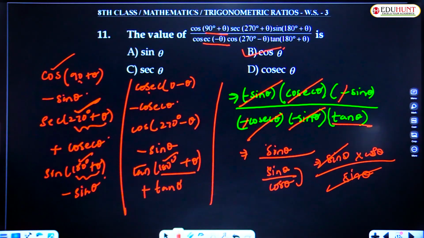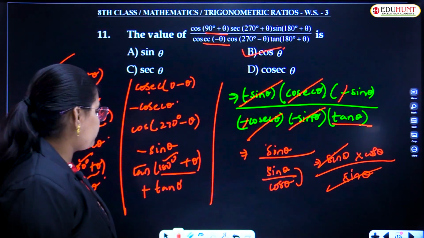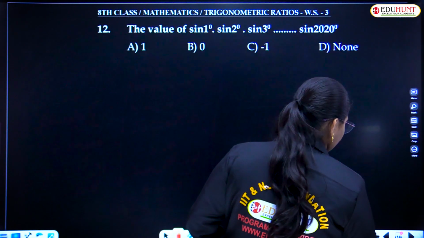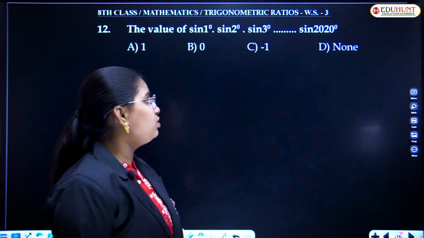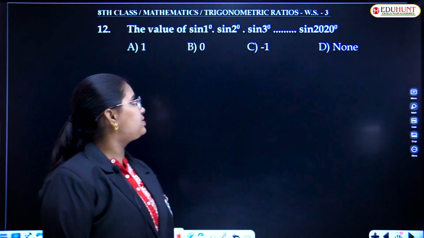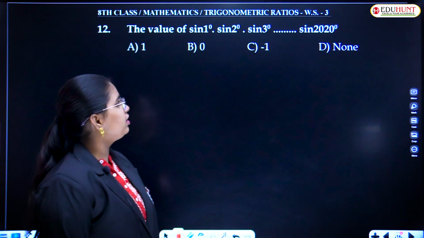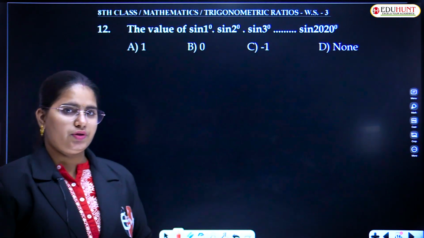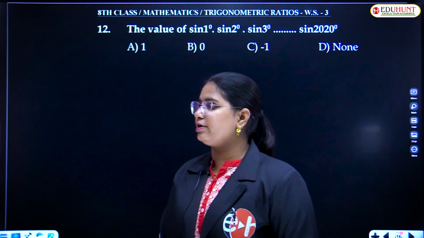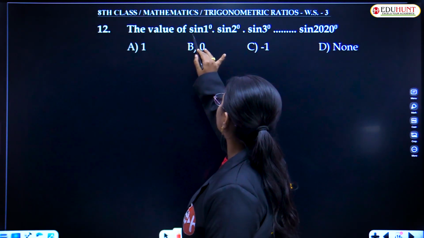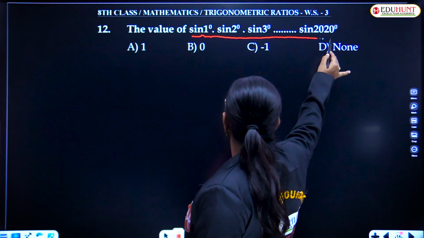Just go through it once. So let's get to the next question. What is the next question? The value of sine 1 degree, sine 2 degree, sine 3 degree, and so on up to sine 20 degree, and moreover this is under multiplication.